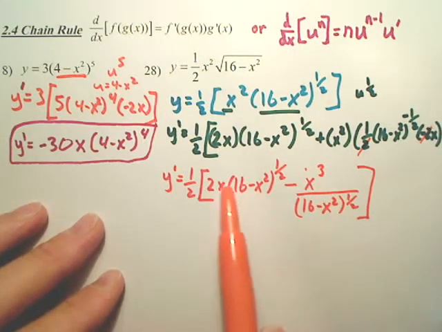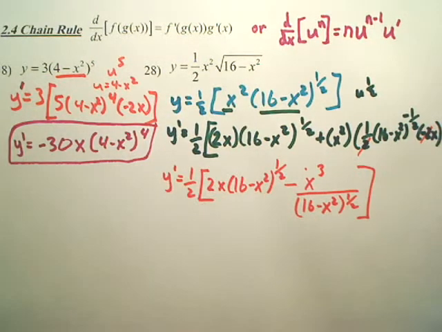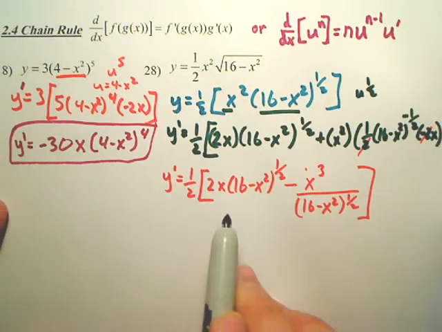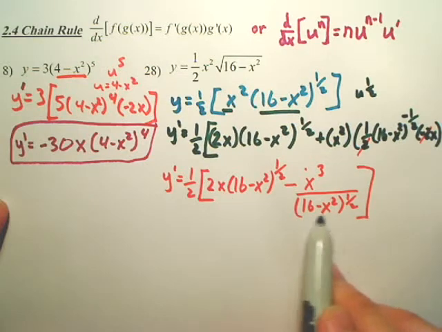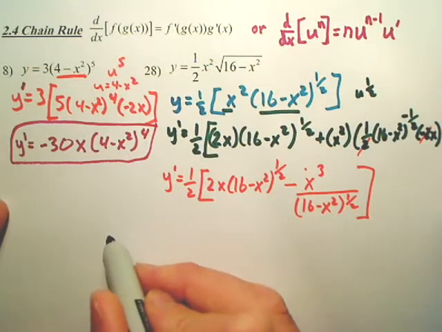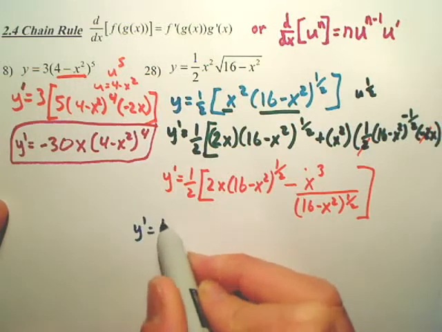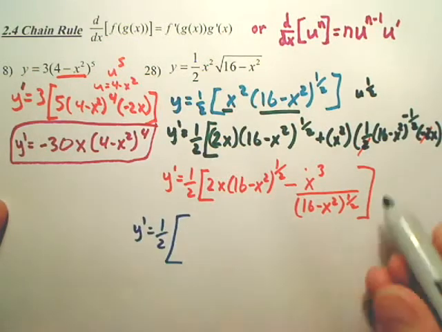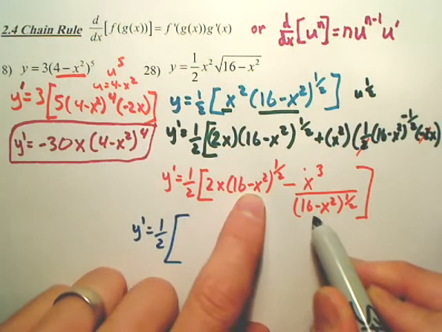Now the next step, I want to try to combine this big mess. So to combine this big mess here, do you see how I'm going to have to multiply this piece right here by this denominator? When I multiply this piece by this denominator, this is going to be kind of hard for some of you, but you're going to end up with 1/2. When you multiply this times this, they're the same, right?